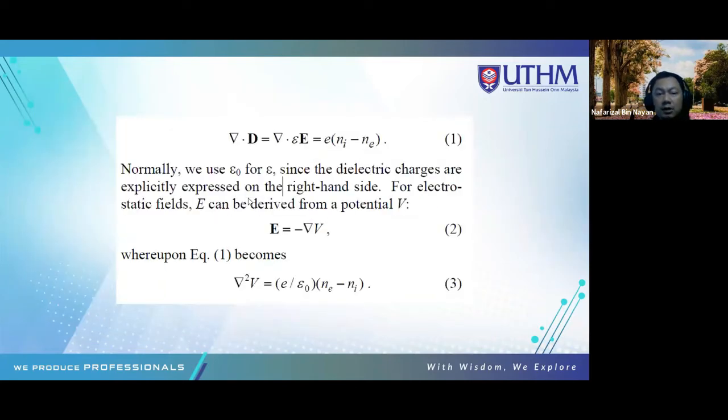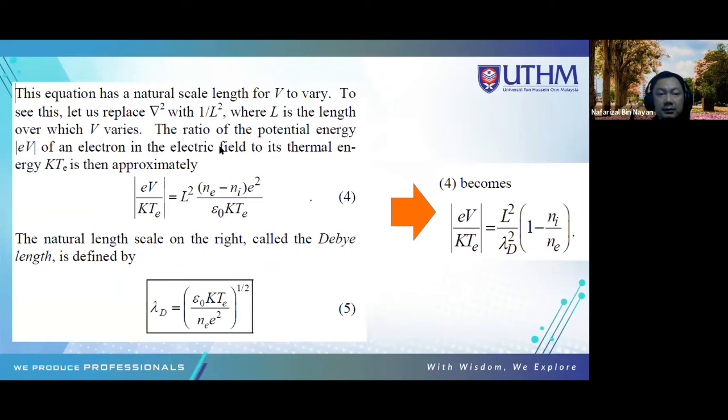From equation number 2, we can just invert it and put the value of the divergence here. We replace the divergence with 1 over L, where L refers to the length of anything that we have in the plasma, for example, the distance between two atoms.